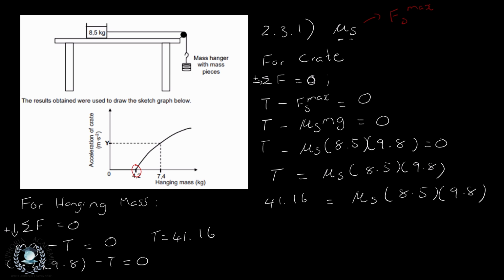When you divide 41.16 by this product, we find that mu s is equal to 0.49, and that is our answer. That's our coefficient of static friction.